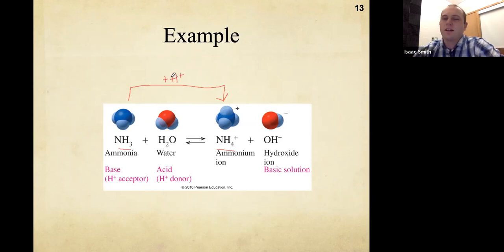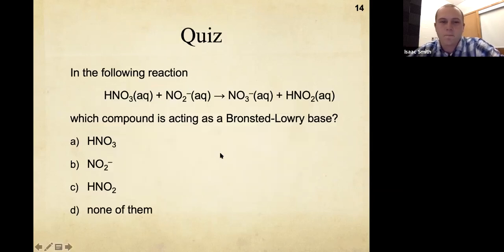Bases are proton acceptors. And then water actually went from H2O over to OH minus, so it lost a proton. And things that donate or lose protons are acids, okay? So water is our acid and ammonia is our base. So water could be an acid or a base, it just depends on the equation you're looking at.